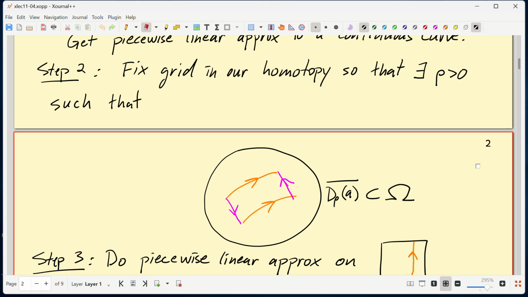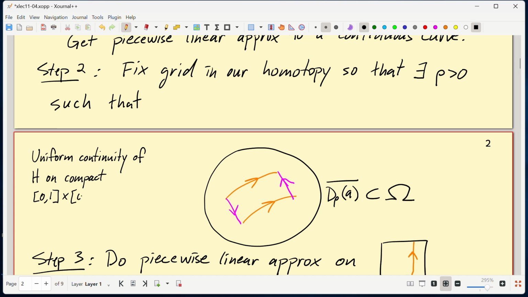So I'm using here uniform continuity of H on the compact set 0, 1 cross 0, 1. So that's the key fact I'm using for this thing. Anyway, that's the picture.